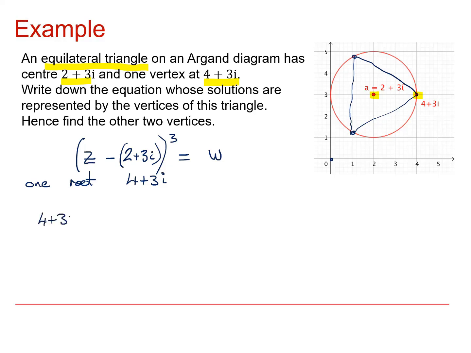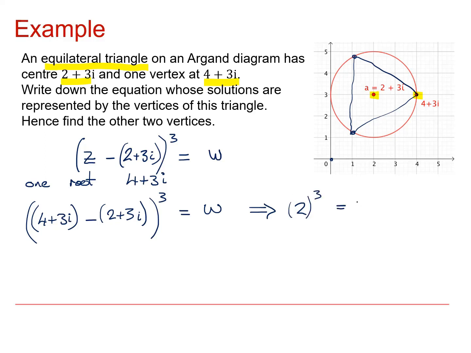So (4 plus 3i minus (2 plus 3i)) all cubed is equal to w. Inside the bracket, 4 minus 2 is 2, and 3i take away 3i is nothing, so I've just got 2 inside the bracket, cubed. So w is equal to 8.